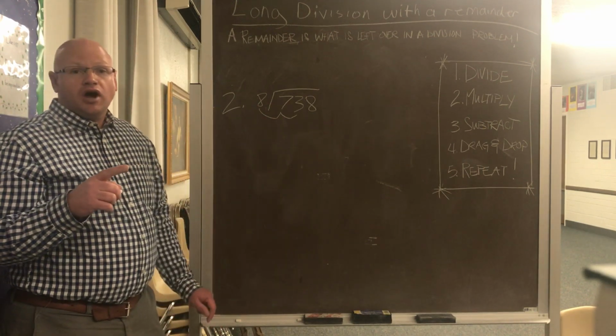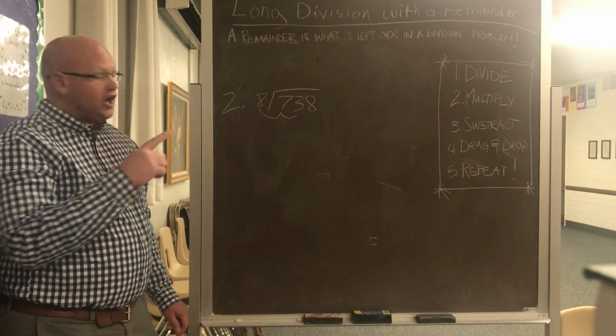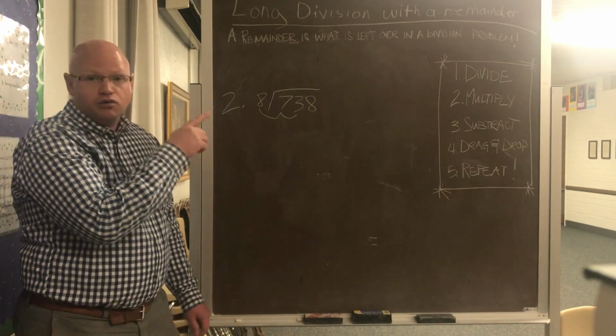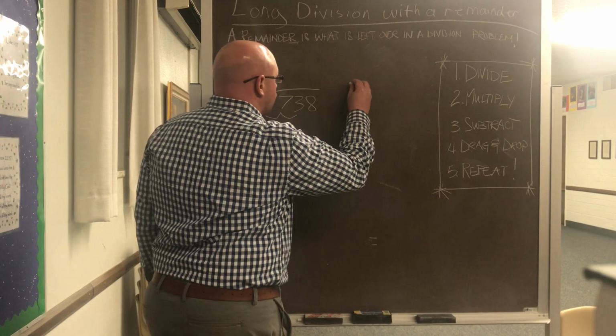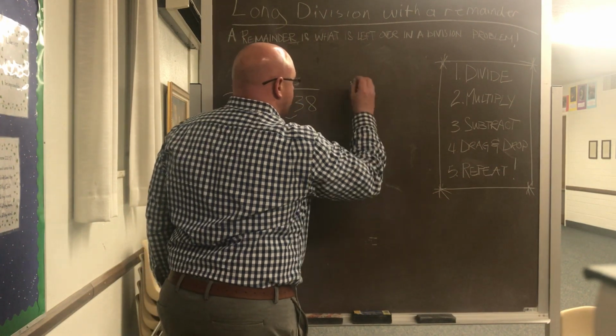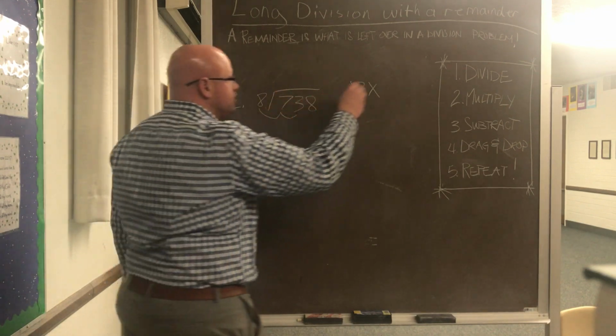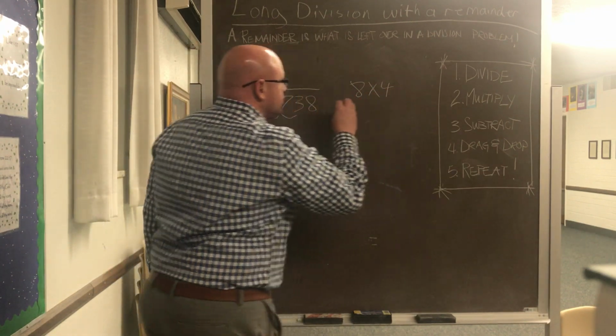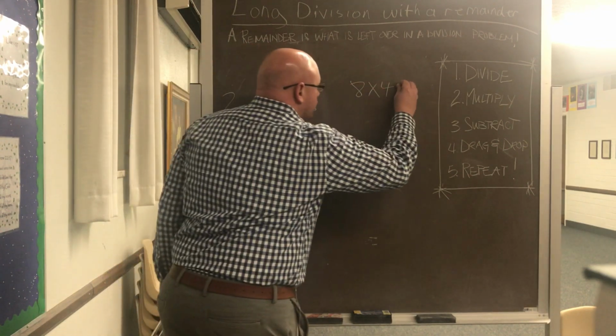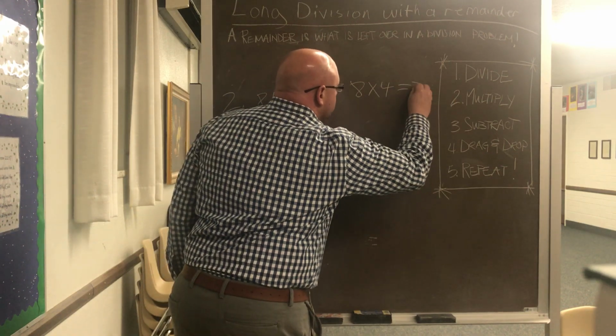But we're going to have to find out how many times 8 can go into 73. So over here, we're going to do a chart. Let's say 8 times 4. 8 times 4 equals 32.